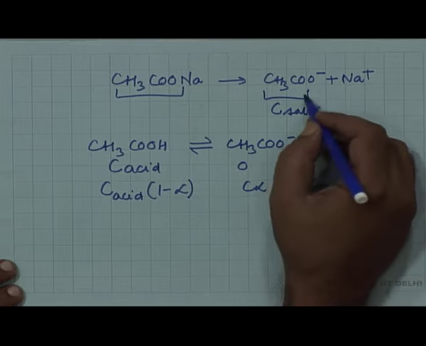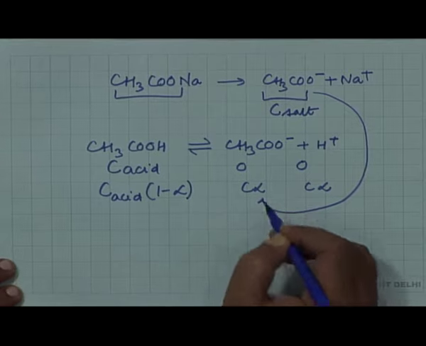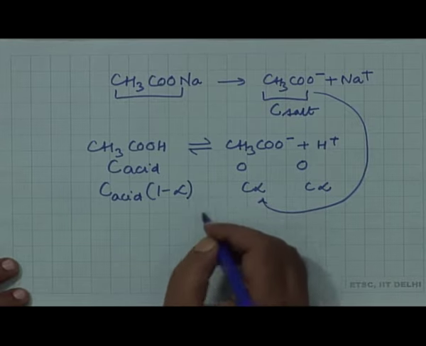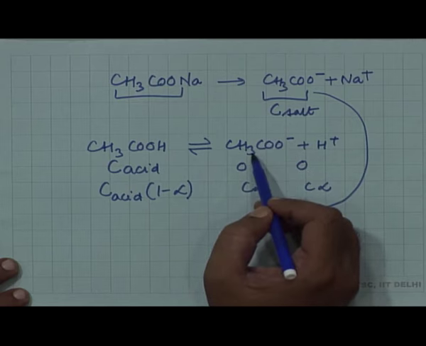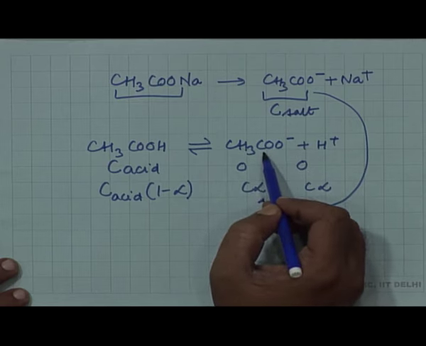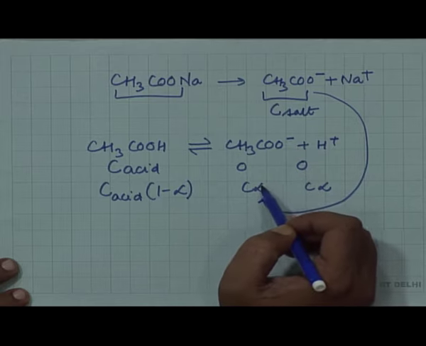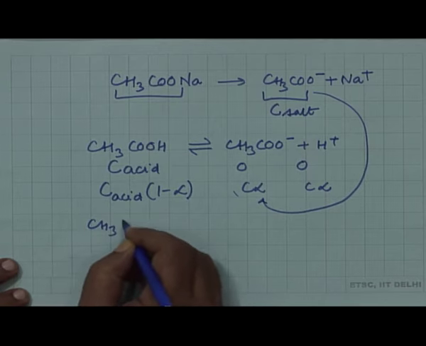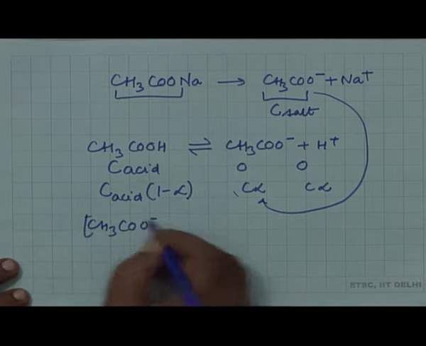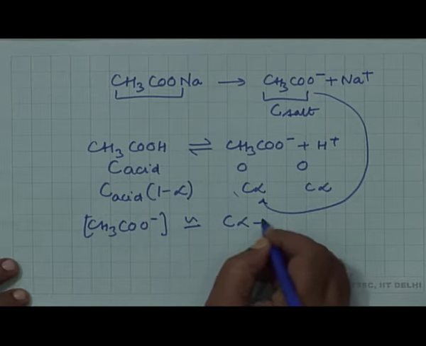Well, since we have CH3COO minus ion, this will come into the picture. In the presence of salt, the concentration of CH3COO minus is much greater than C alpha. So, the concentration of CH3COO minus ion is C alpha plus C salt.